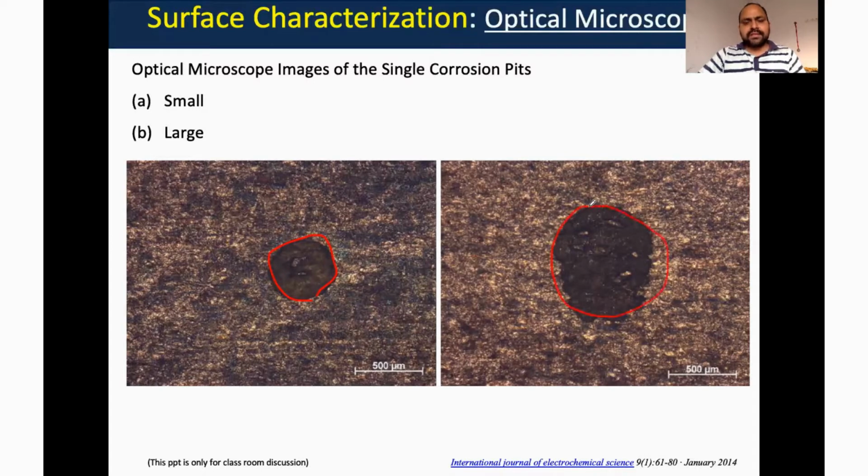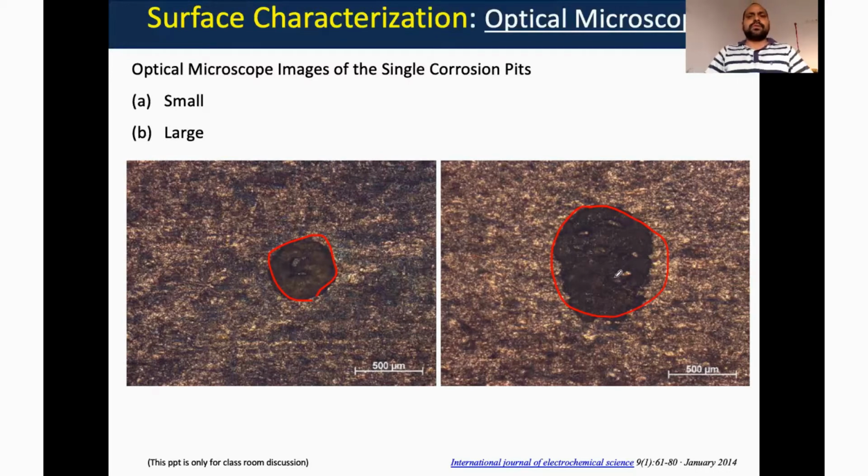We can see what kind of morphology the pit has, and similarly what the size of the pit is. Here the morphology is not circular, it is elongated. This one is a smaller size pit, and in this case this is a larger size pit. So this kind of information can be extracted by using an optical microscope.